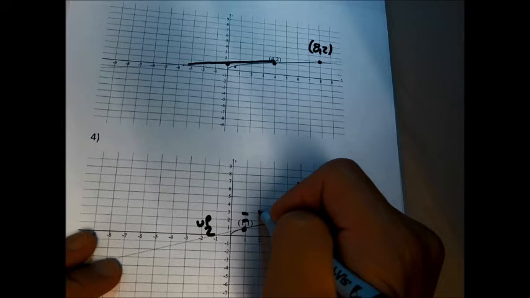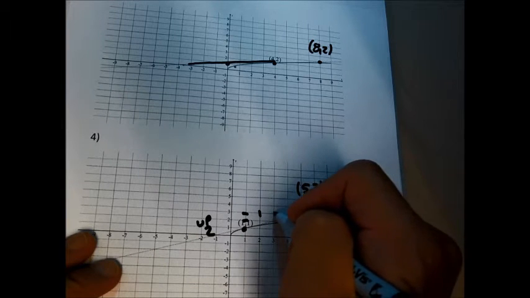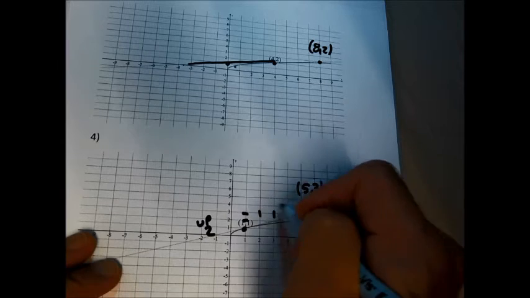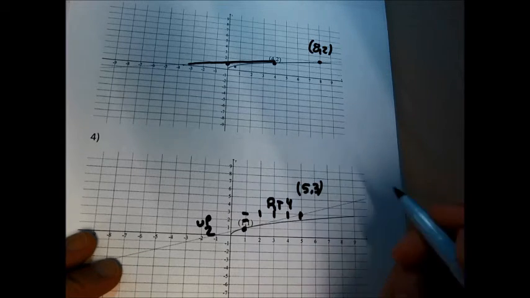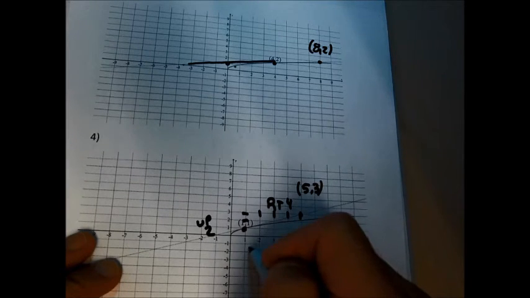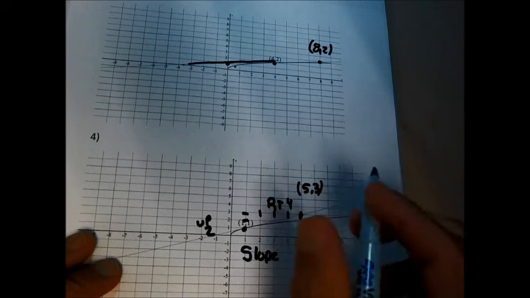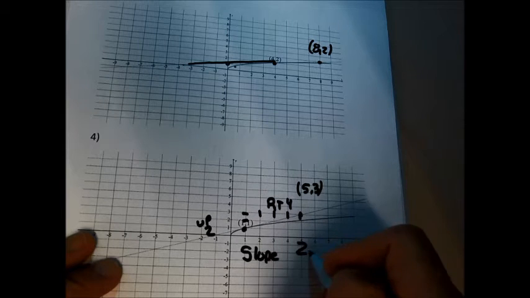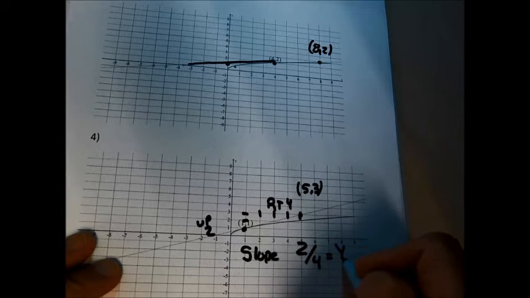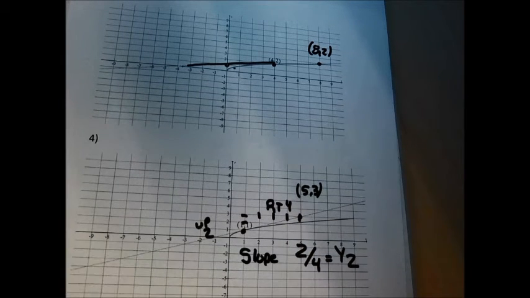Down is negative, up is positive, and right is positive, left is negative, and right 4. So the slope of this line, which is the slope of the tangent line, or the instantaneous rate of change at the point 1, 1, is 2 over 4, which is a half.